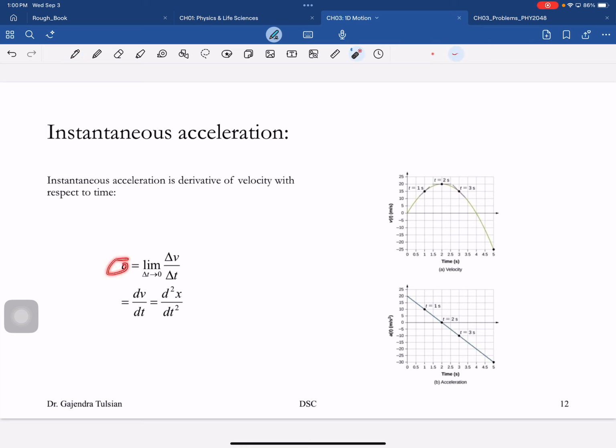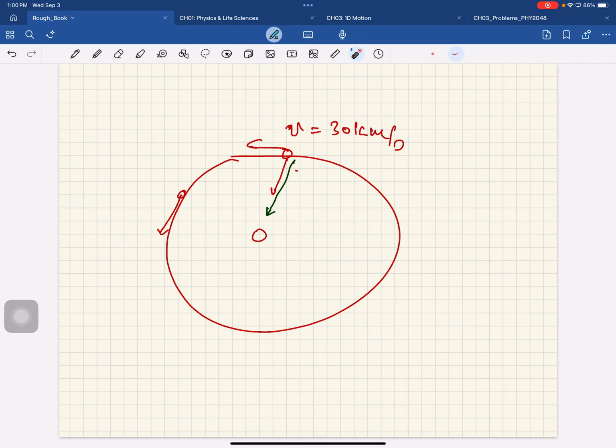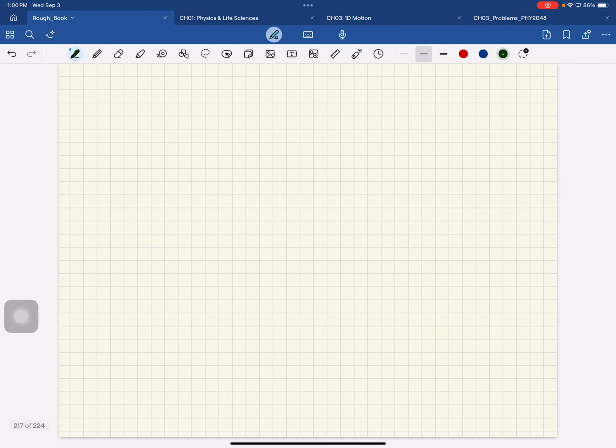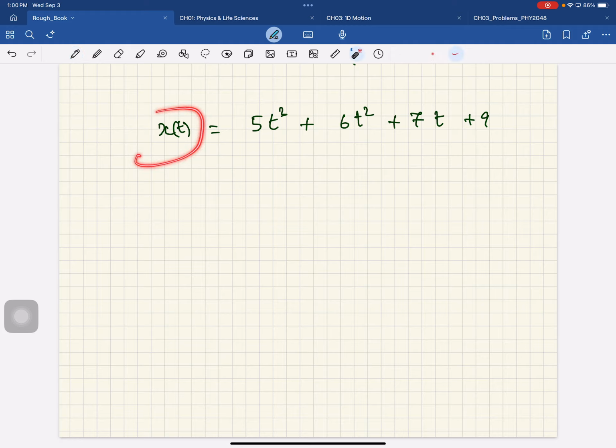So the instantaneous value of the acceleration is dv by dt, which is d squared x by dt squared. Let's just do an example. What have I given you? I've described a motion to you.